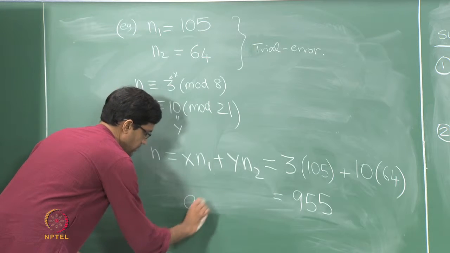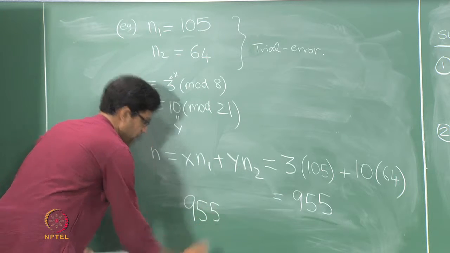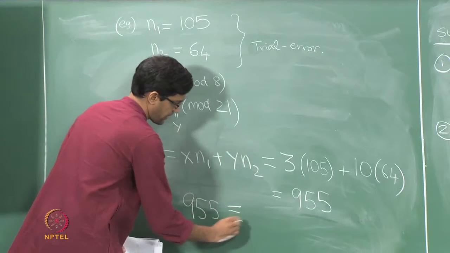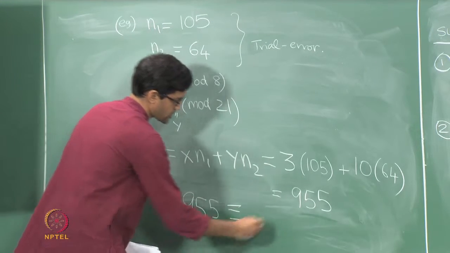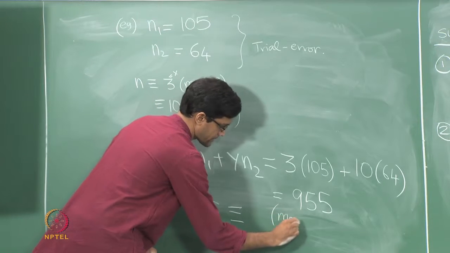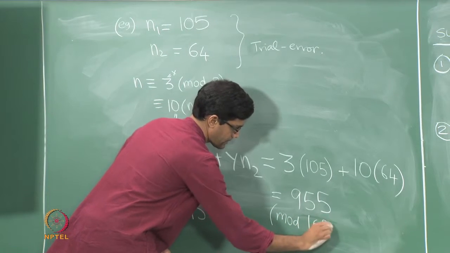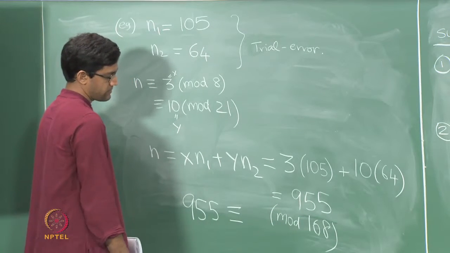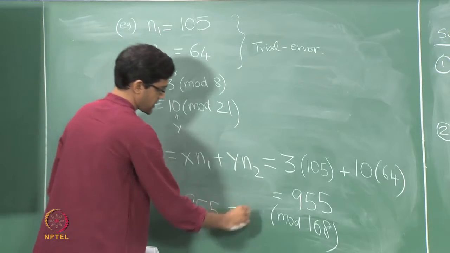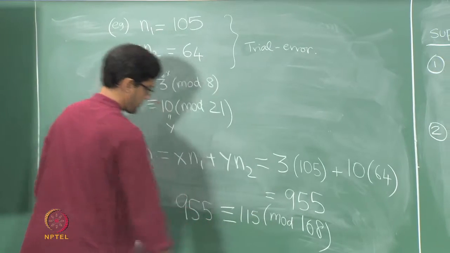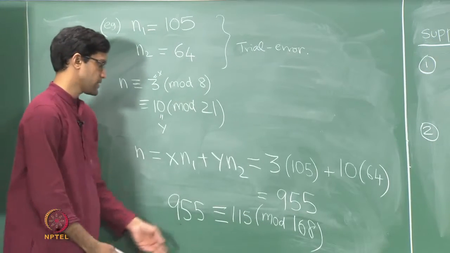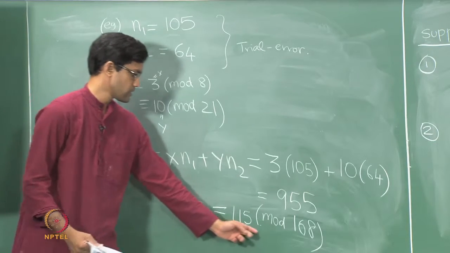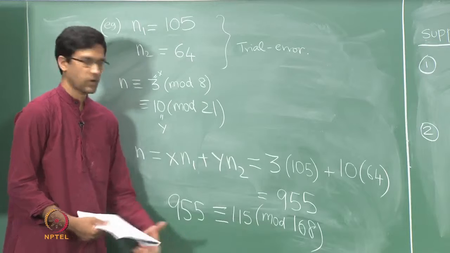In other words, you find the remainder when you divide 955 by 168. 840 is 168 times 5, and so 955 is exactly 115 more than that. So 955 is in fact the same thing as 115 modulo 168. So here's the smallest natural number solution, just 115.